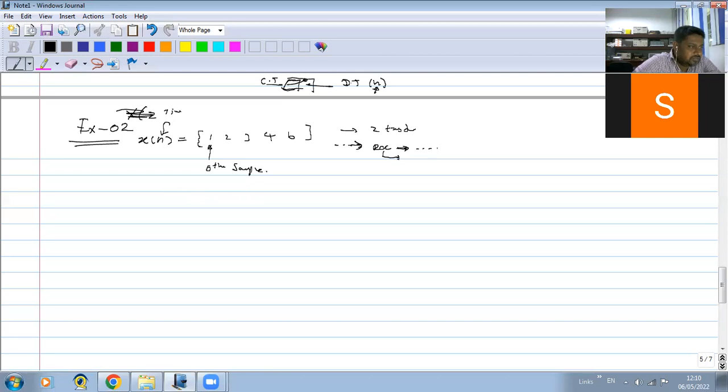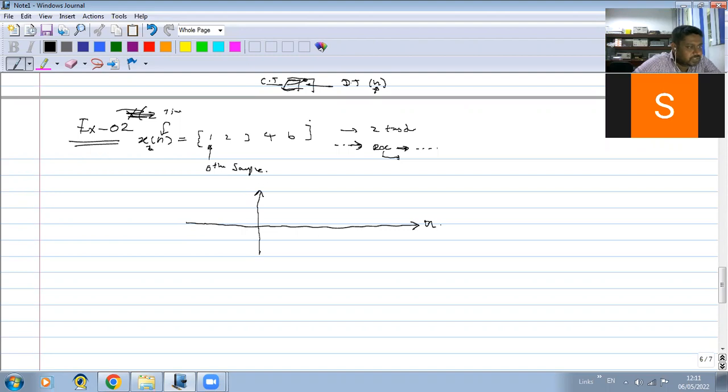So I will draw this sampled sequence. This is n, and let's say this is x2(n).